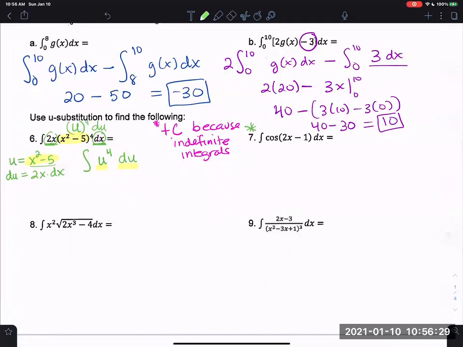So when I plug that back in, x squared minus 5 to the 4th over 5 plus c. I will write it here instead of cramming it all in the little space that I had.